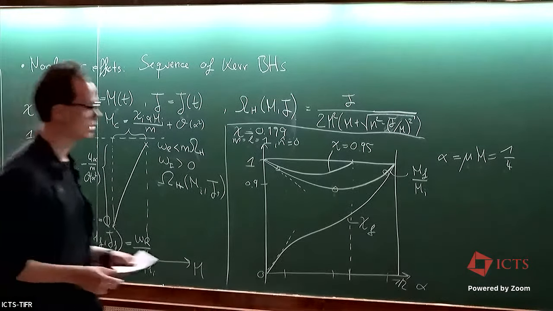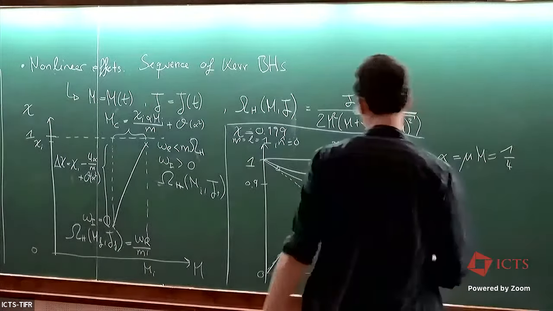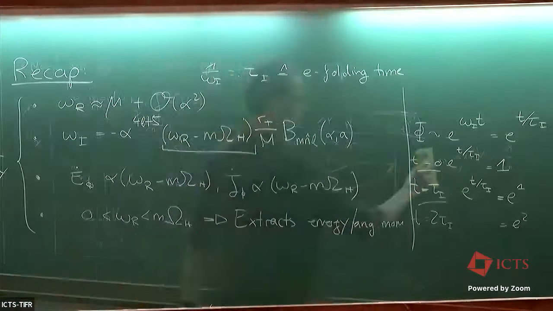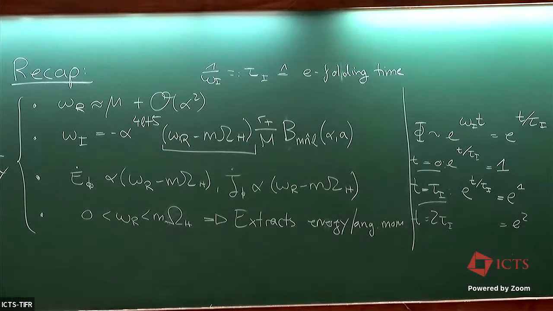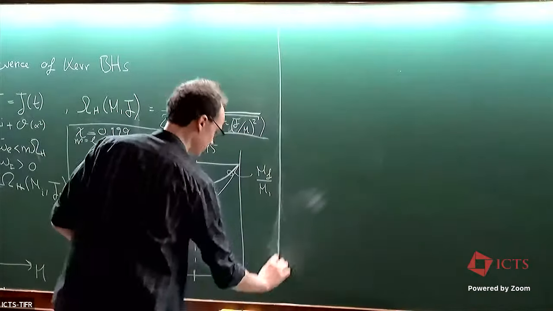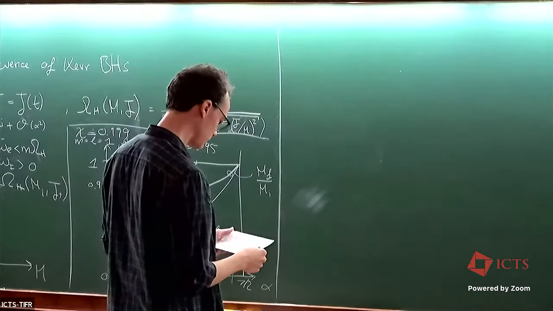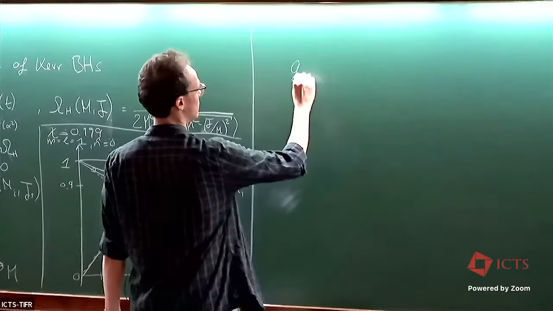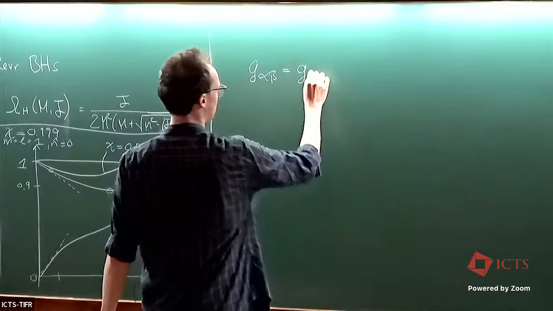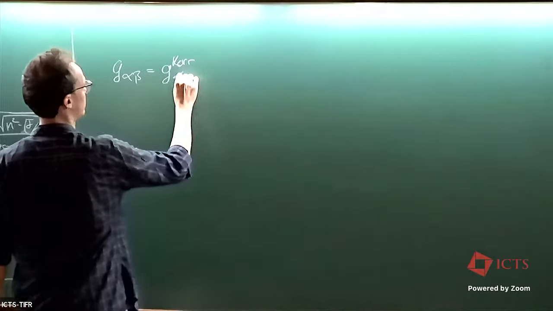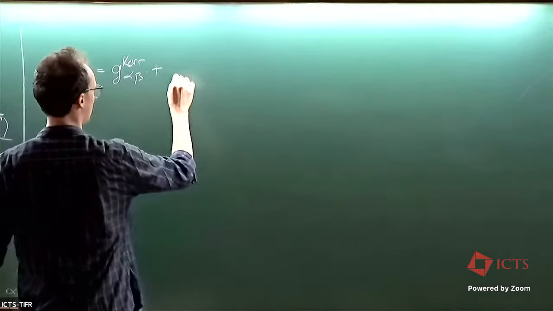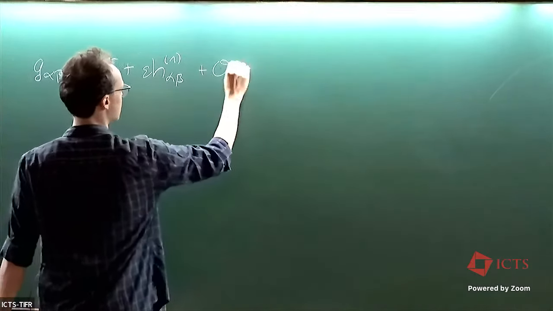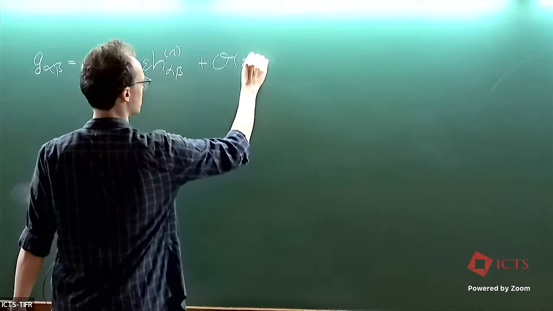Okay, and then one other question that I've gotten a lot is how to exactly do the perturbative expansion of the metric perturbations. So this was the idea that the metric is basically some background metric, which we pick to be Kerr, plus some linear perturbation, plus order epsilon squared corrections.